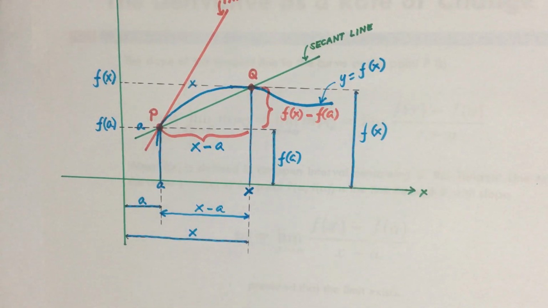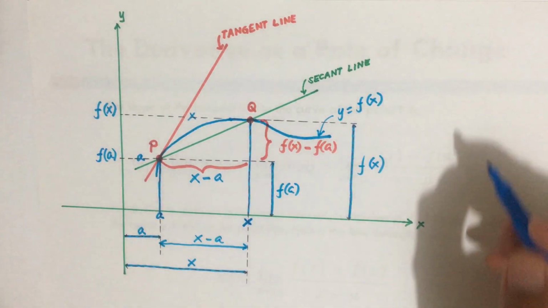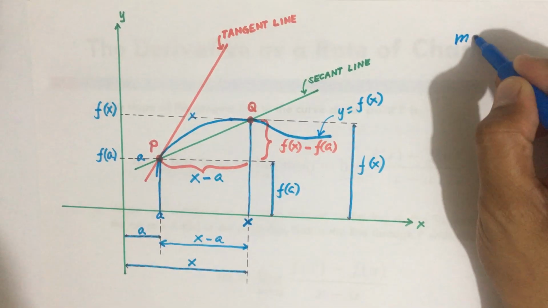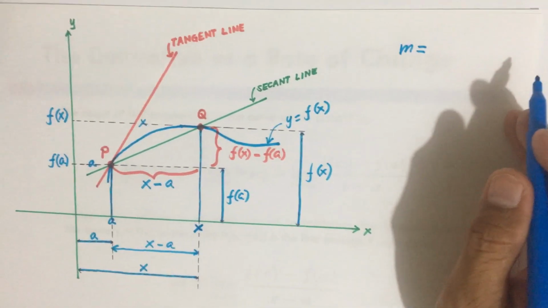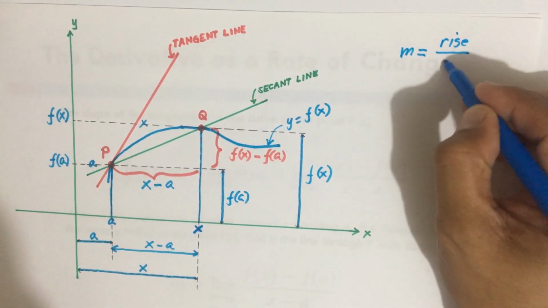Alright, now as mentioned, the slope. Remember the slope in our definition and also in our first two videos that were uploaded, we still apply, class, the definition of the slope from our analytic geometry. We have m is equal to rise over run.